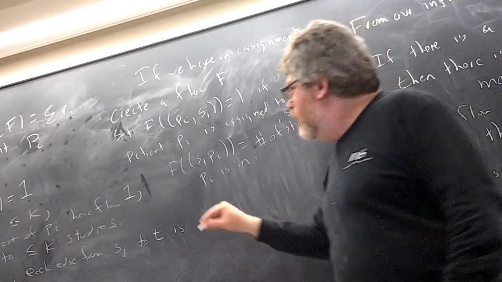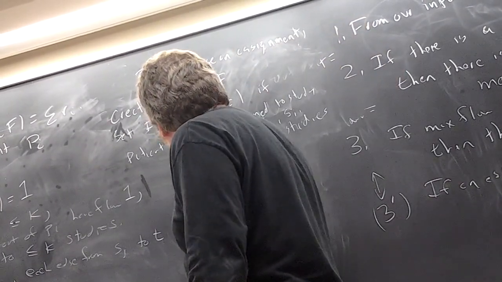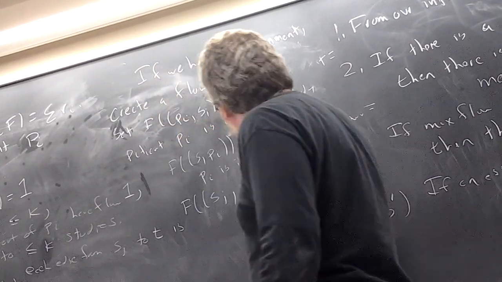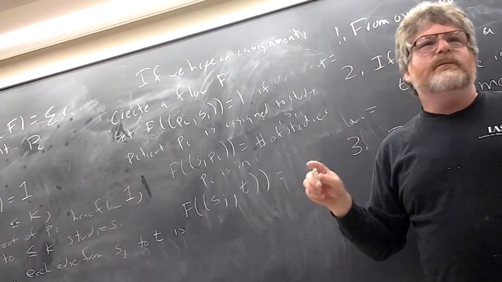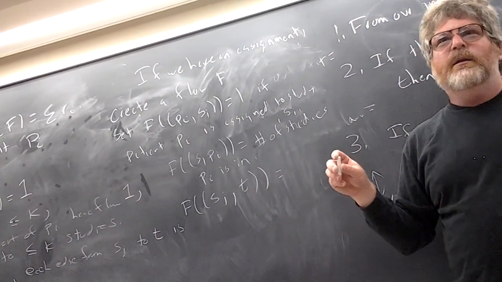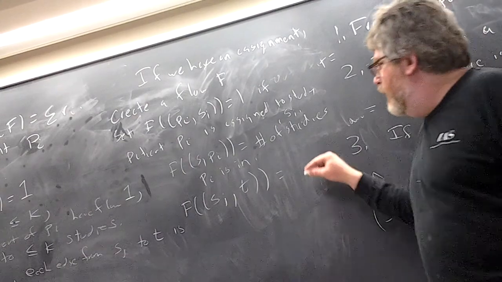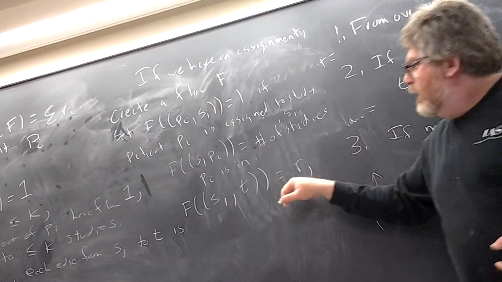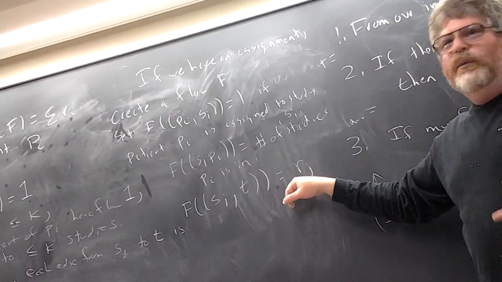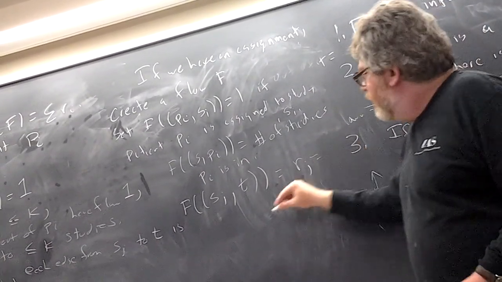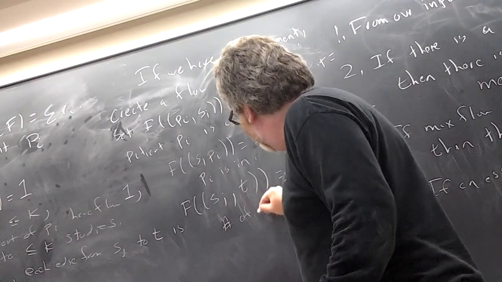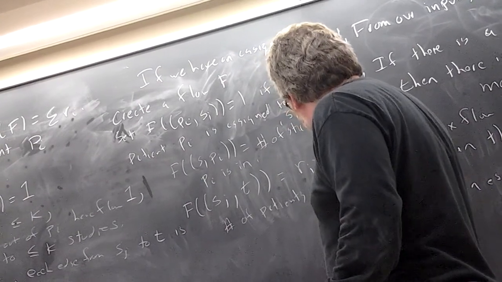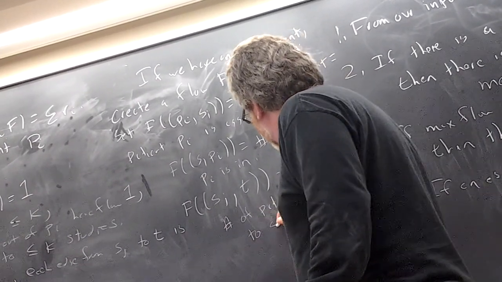And what will the flow from each study Sj to T be? It just has to be Rj, because we have to have it be full. So it's going to be the number of patients assigned to Sj.